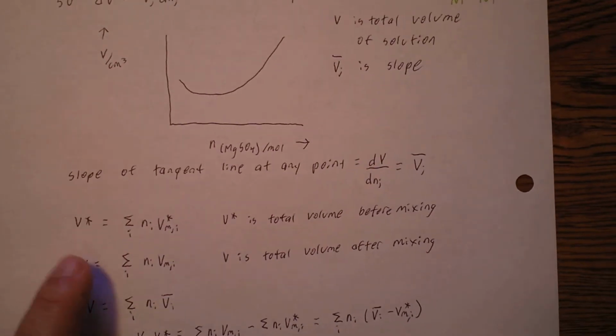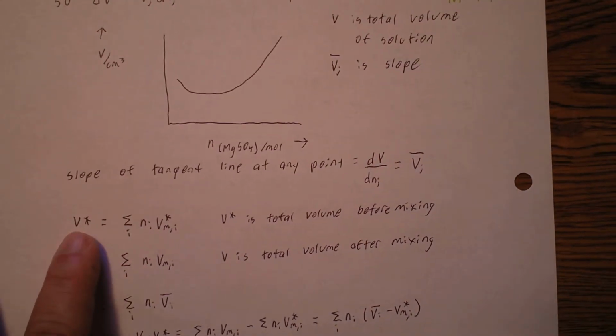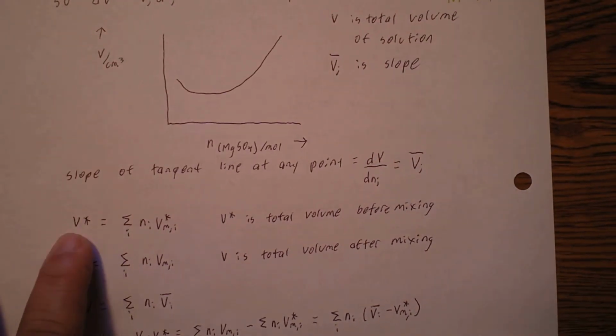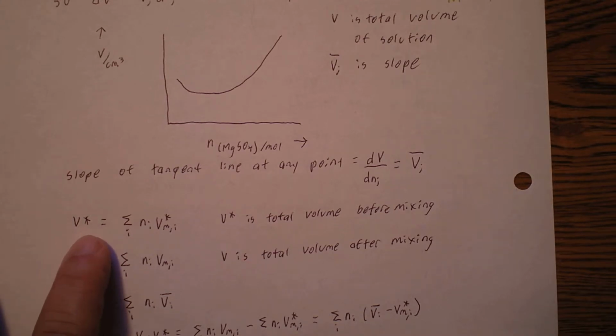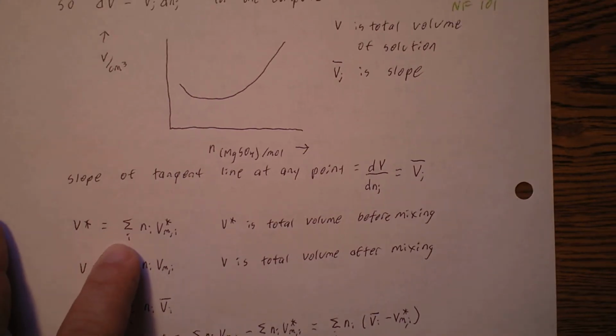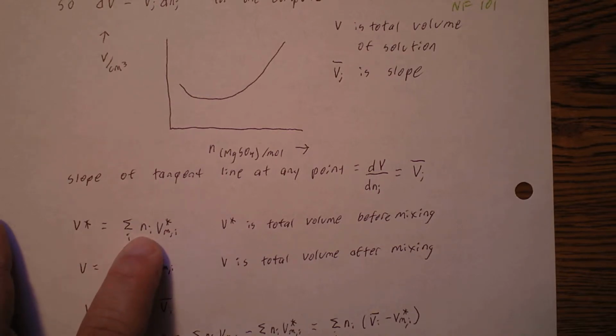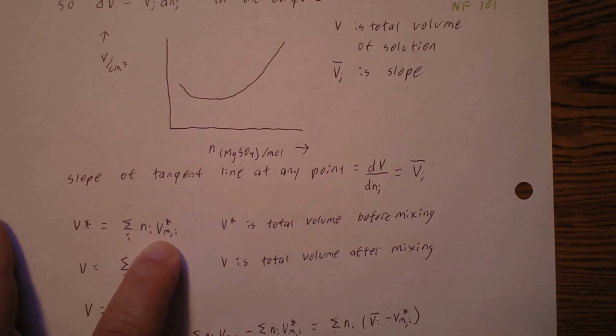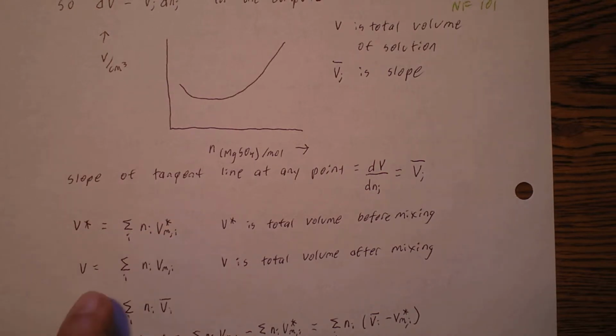Now let's look at our nomenclature again. So we have V star of pure substance. Remember, this is the total volume before mixing. So in summation notation, it's the sum over all substances I of the number of moles of substance I times the molar volume of substance I, unmixed.